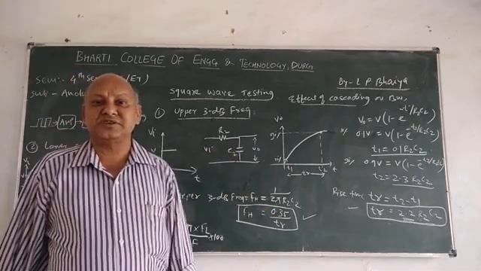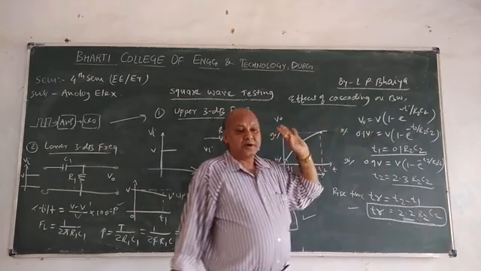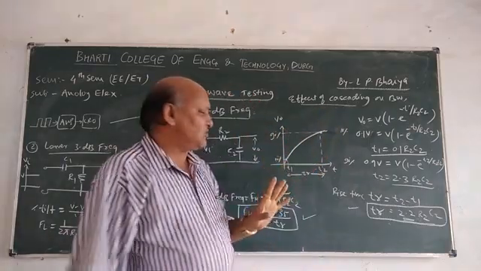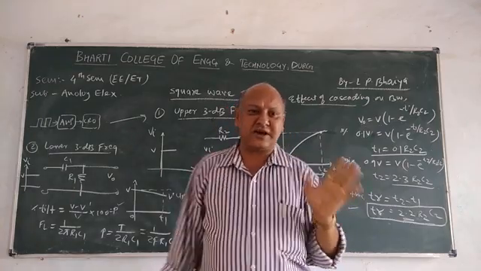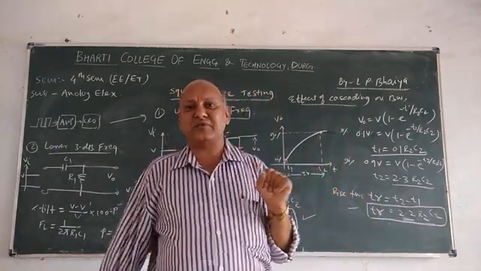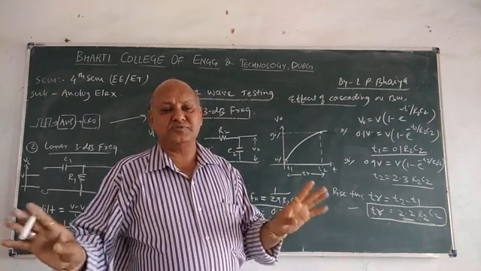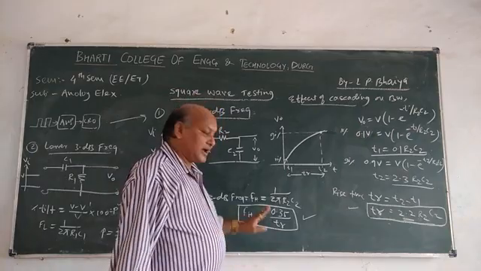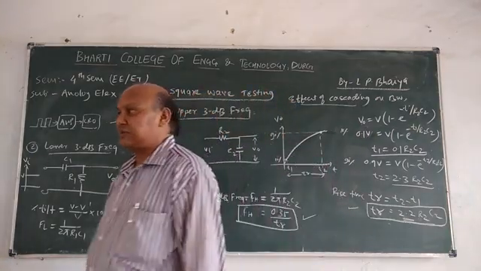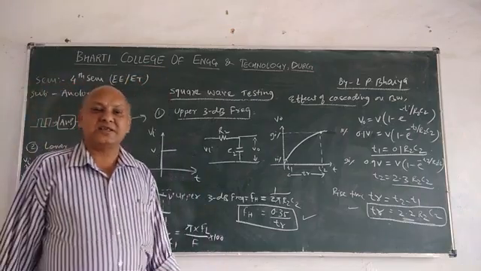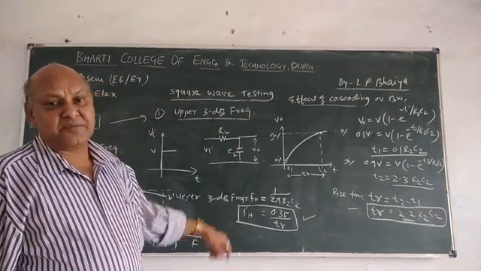Dear student, numericals may be asked on the basis of these formulas, and many times it was asked: calculate the rise time required for so and so frequency given, and these are the values of the components. For the same, calculate the higher 3 dB frequency, calculate the lower 3 dB frequency, and finally calculate the bandwidth. This should be calculated with the help of these formulas.